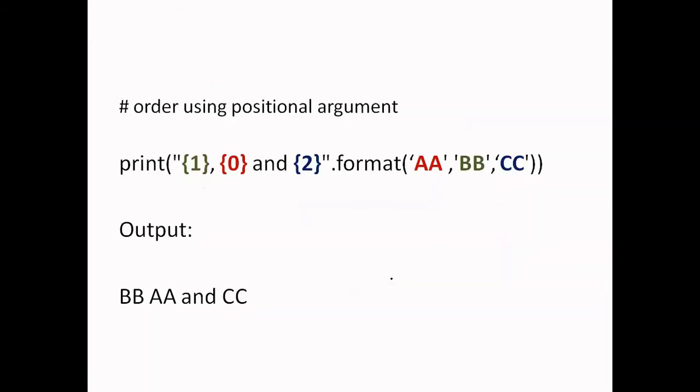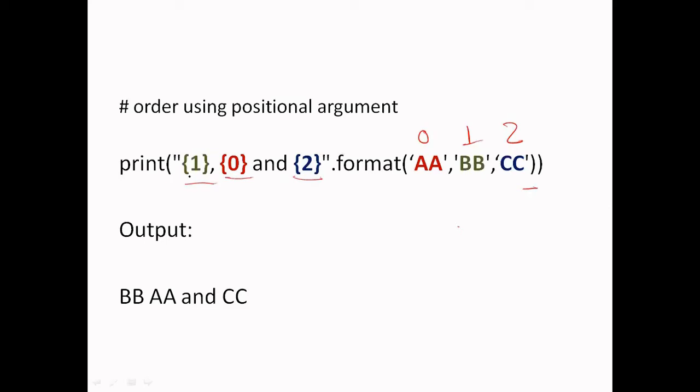There is another way using positional arguments. In this case, we just use the positions of the values. The values can be considered as indexes 0, 1 and 2. We can use this index value or positional value for specifying or replacing the curly braces.